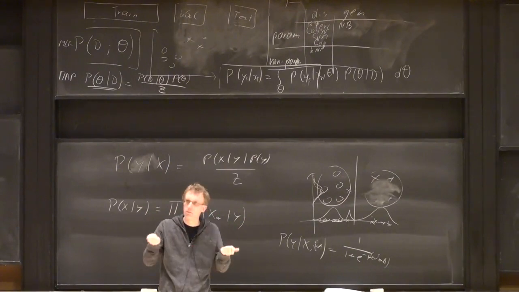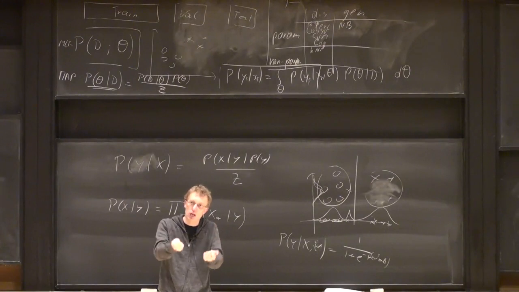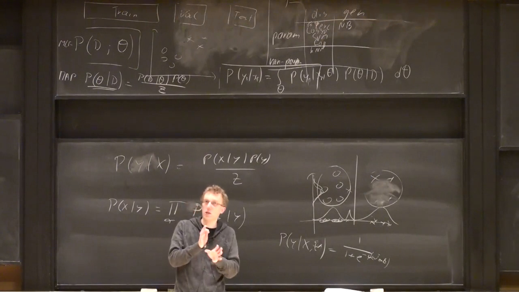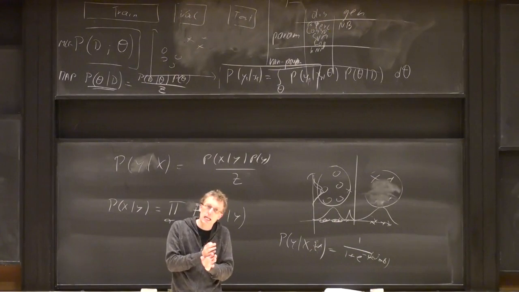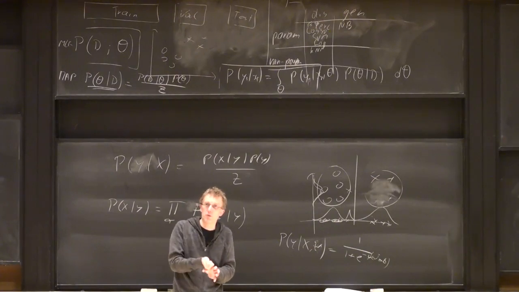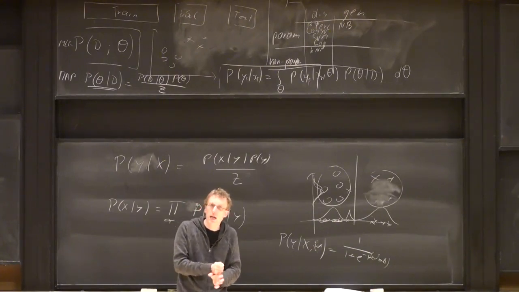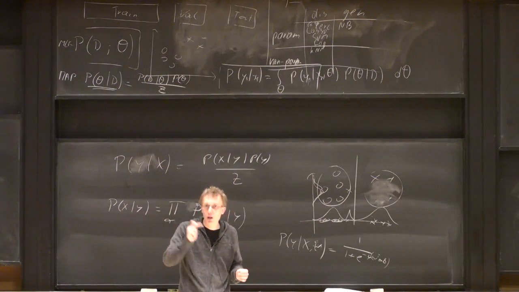Or by saying it's multinomial or something like this, right? You are introducing additional structure into the problem. And if you're right about this, then you're helping the learning algorithm converge better, give better decision boundaries, right? So if you have very little data, that additional knowledge will help you, right? And you will get a better classifier.